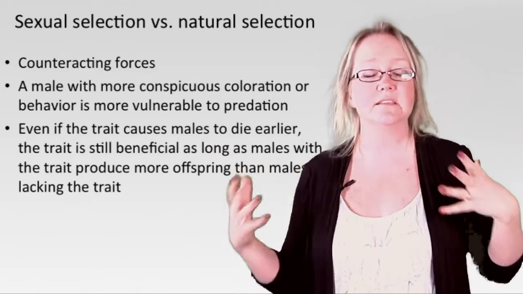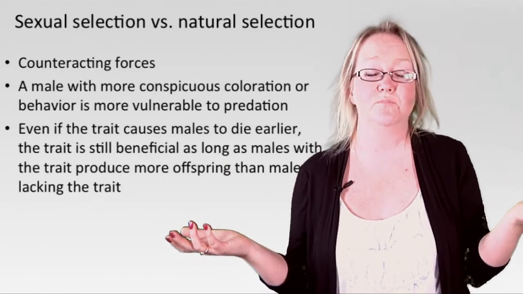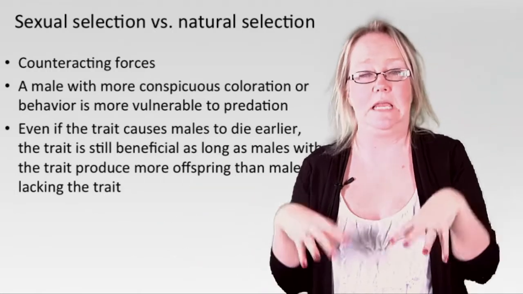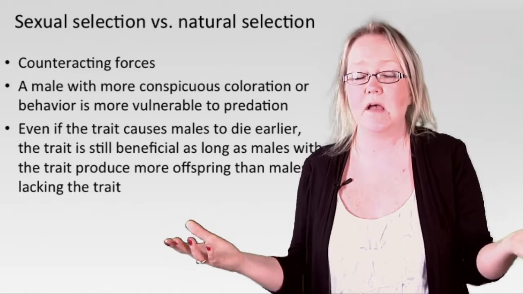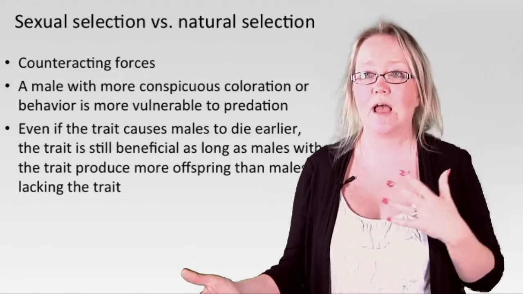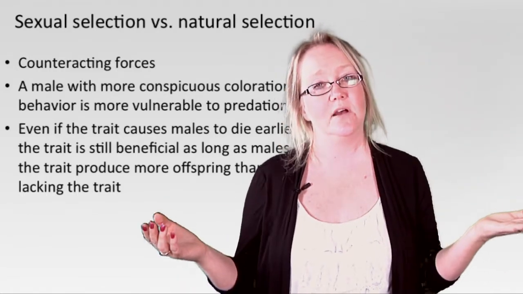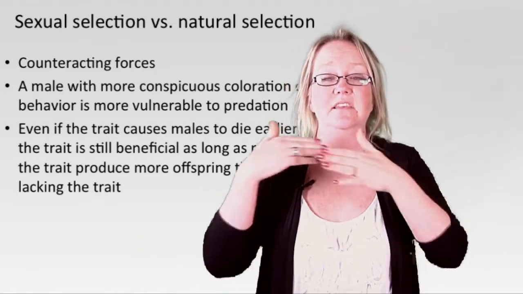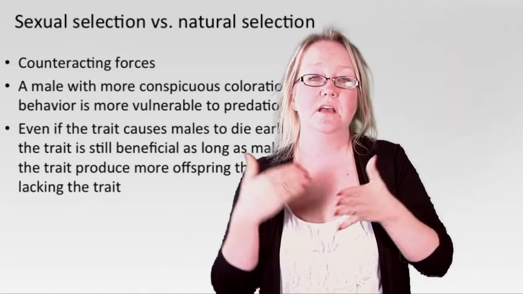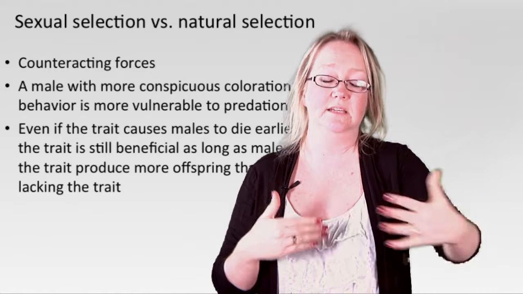And the more they're out dancing, the more likely they are to be spotted by a predator and eaten. Okay, the brighter they are, the more they dance, the more they're out in the environment, the more likely they are to die.